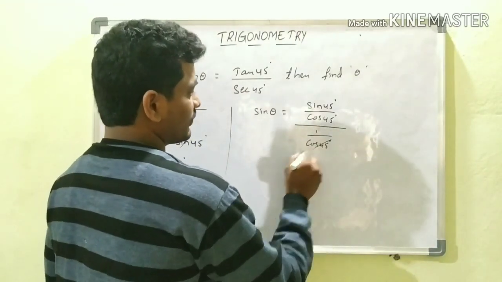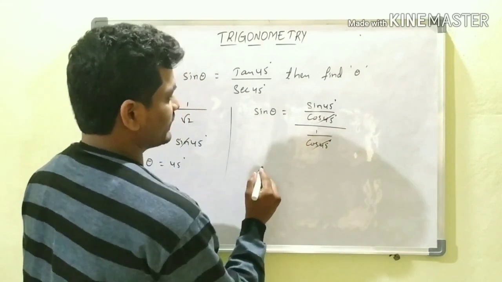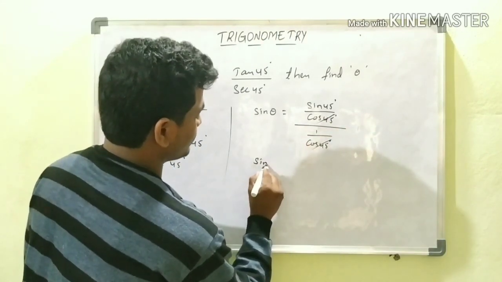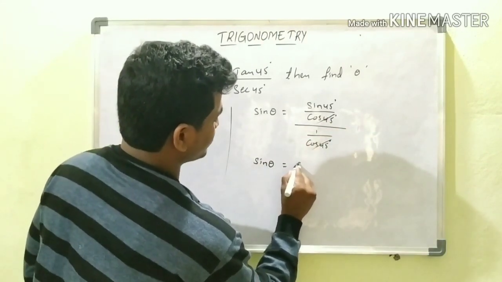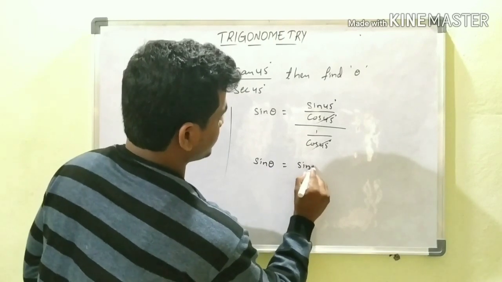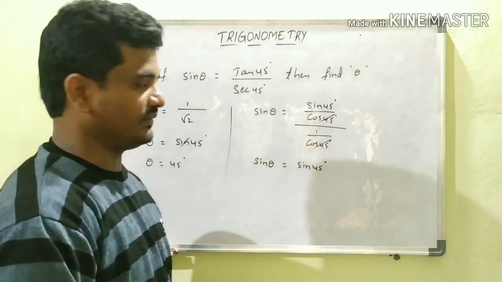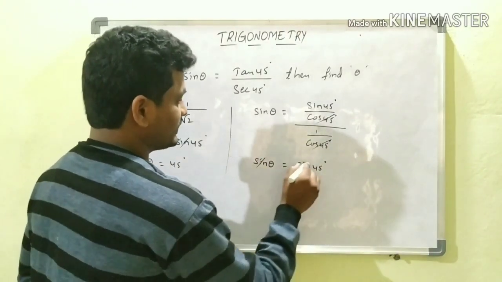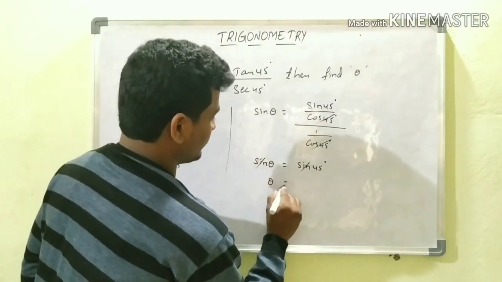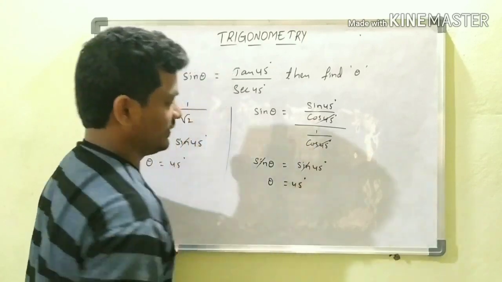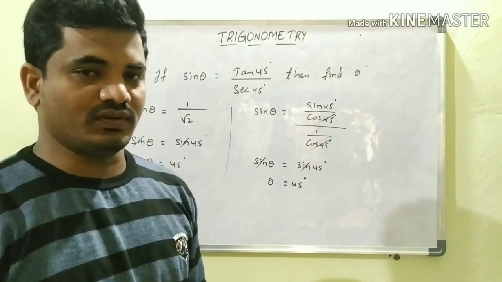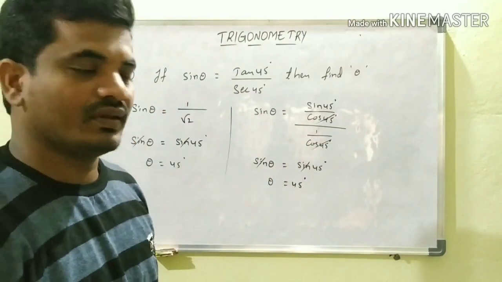Here cos 45 gets cancelled. Sin theta equals sin 45 degrees by 1, which is sin 45 only. Here sin gets cancelled and theta equals 45 degrees. In 2 ways we can solve this.